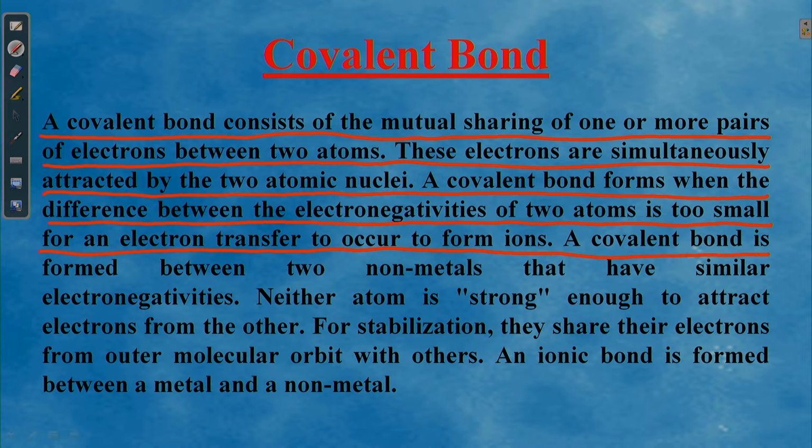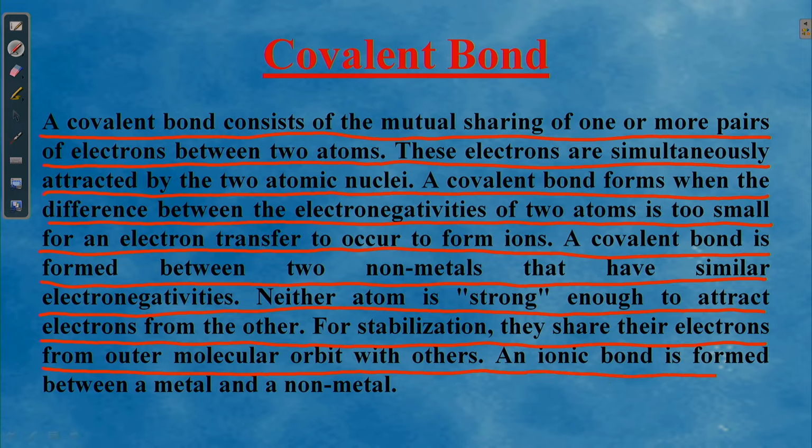A covalent bond is formed between 2 non-metals that have similar electronegativities. Neither atom is strong enough to attract electrons from the other. For stabilization, they share their electrons from the outer orbit with others.